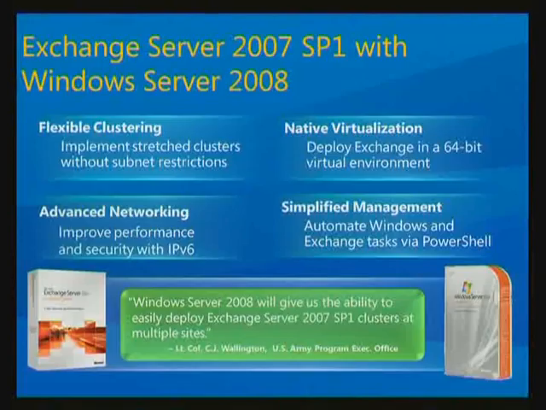So if you're using Windows Server 2008 and Service Pack 1, you're able to have geographically dispersed clusters without that limitation of having to stretch that subnet. We've talked about IPv6, and you saw today that PowerShell is integrated, and also the latest MMC is integrated into Windows Server 2008. So this supports that management paradigm that we built on, and makes it easier to install because those components are already there.